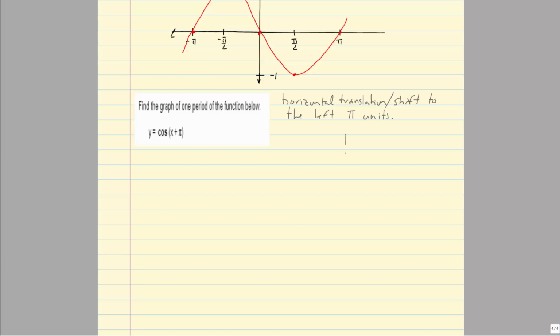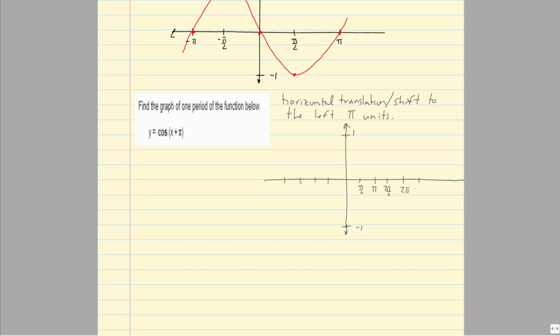We know our cosine graph starts at 1, goes to negative 1. Now I'm going to go ahead and split this up a little bit. Our nice quarter points, pi over 2, pi, 3 pi over 2, 2 pi.